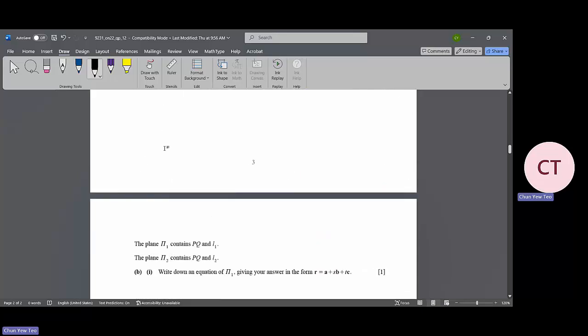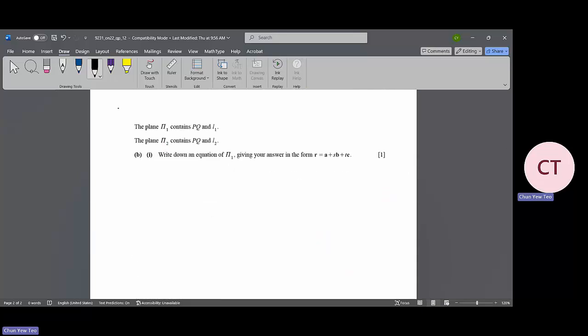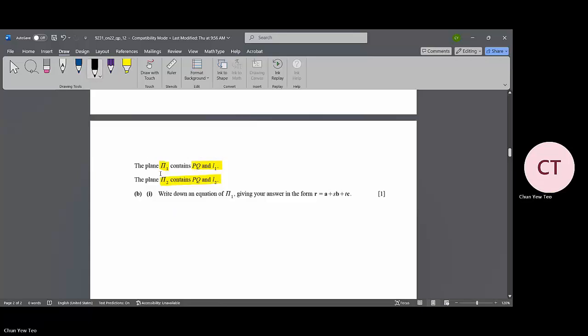Now we move on to 6B. We have plane pi 1 containing PQ and L1, and plane pi 2 containing PQ and L2.